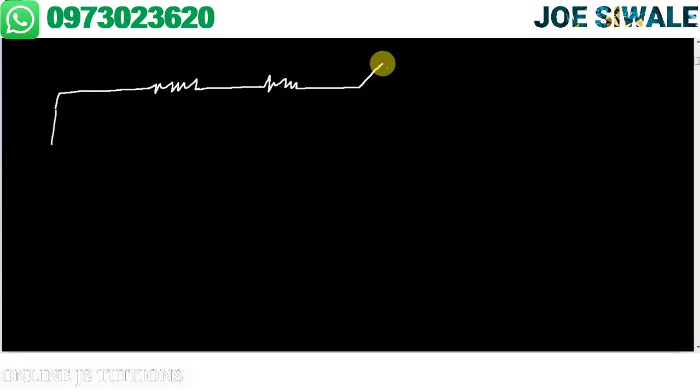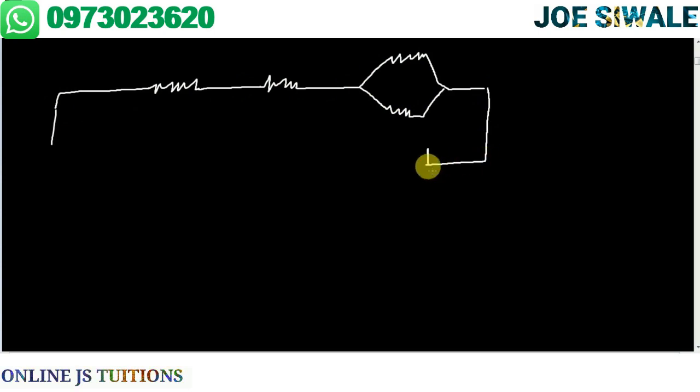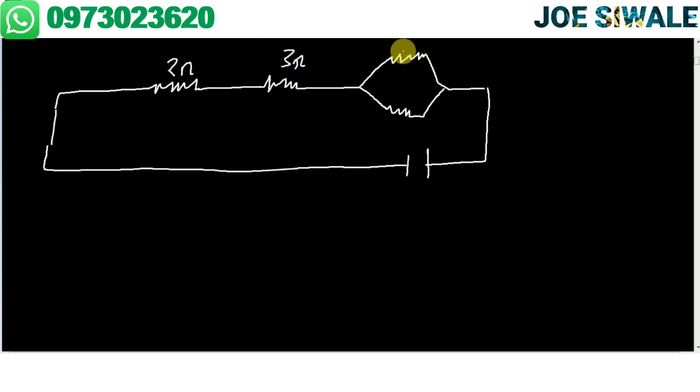Let us look at another instance. If you have a combination of parallel and series connection, then 2 ohms here, then I have 3 ohms, I have 1 ohm, I have 2 ohms here.